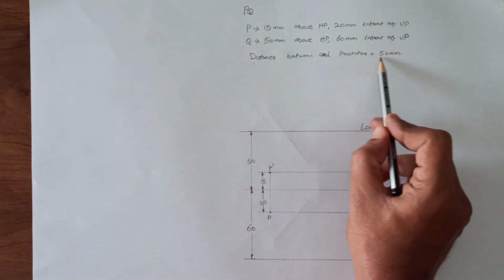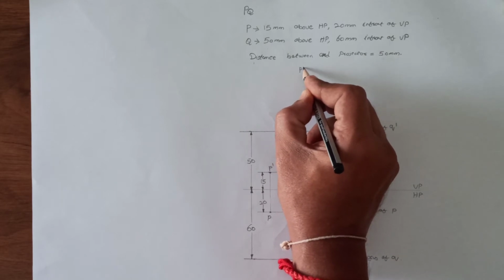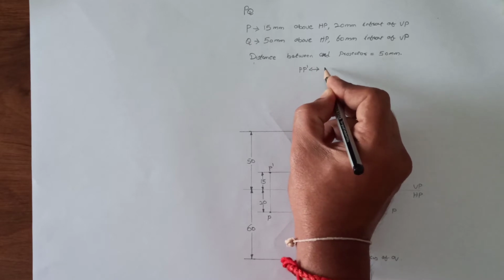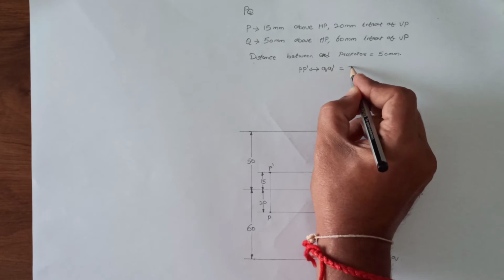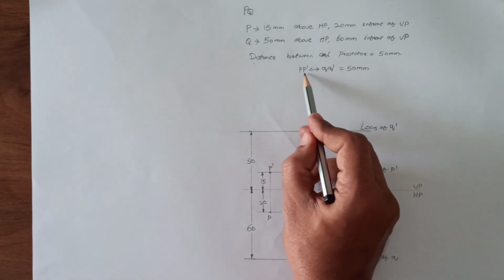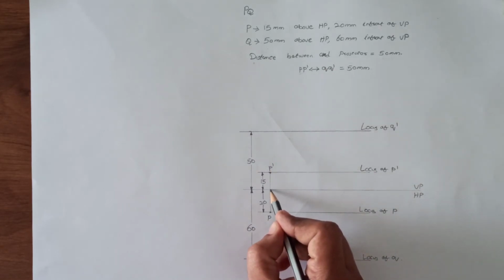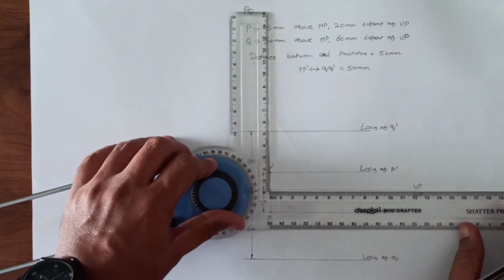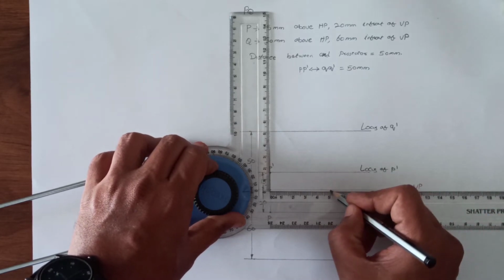Here you are given that the distance between end projectors is 50 mm. According to this problem, the end projectors will be the line connecting P dash and P and the line connecting Q dash and Q. Hence, the distance between the line P dash P and the line Q dash Q will be 50 mm. We have already drawn the line P dash P. Find the intersection of the line P dash P on the reference line. From that intersection, for the given distance 50 mm, mark a point on the reference line.